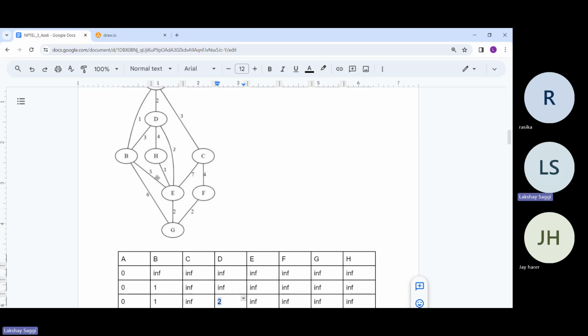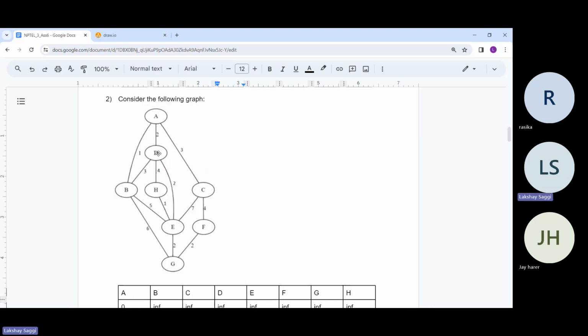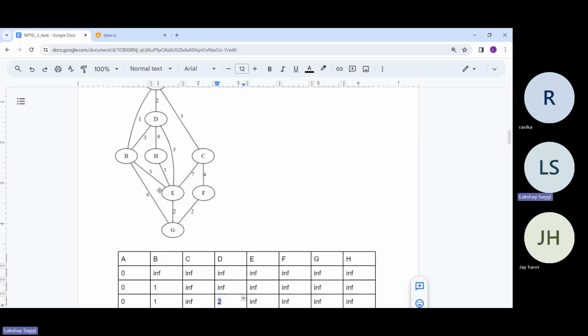Now it can be seen that H will be at a distance of 4 from D. We have visited A, B, and D. D was already at a distance of 2, so H will be at a distance of 6.